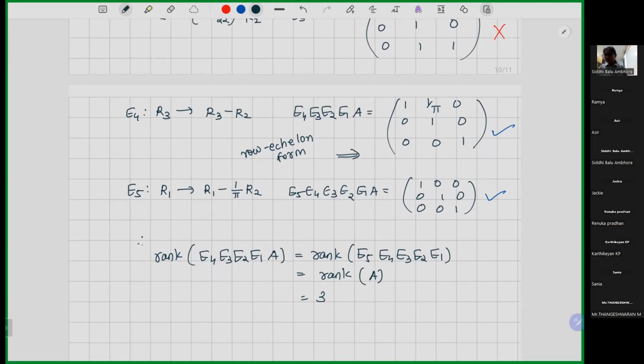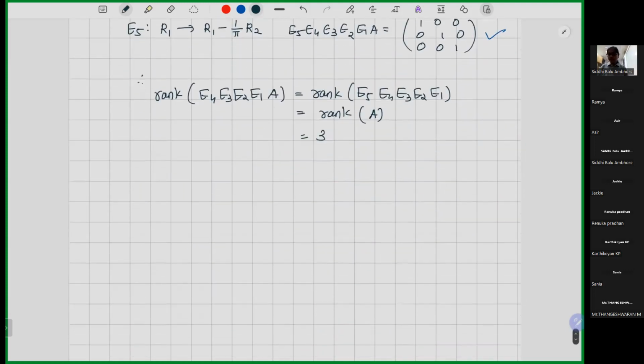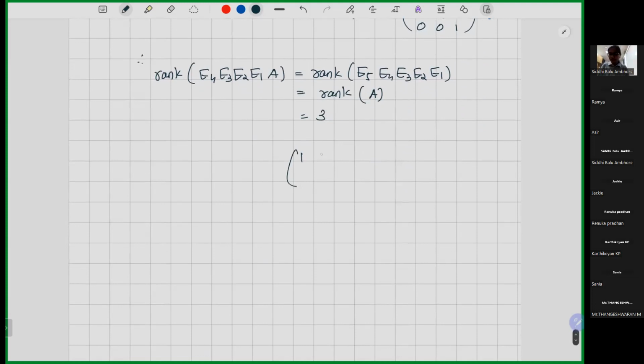Because for example, if I have this matrix 1 0 0, 0 1 0, 1 2 3, 1 0 0, 0 0 0. So this matrix has rank 2. Okay, because it is in row echelon form and has 2 non-zero rows.